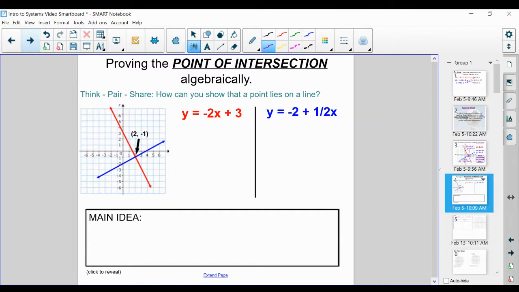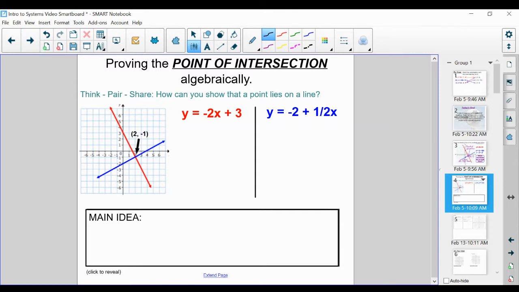So please, let me know how you think we're going to prove that 2, -1 lies on both lines. Let me know. So what we're going to do is we are going to be substituting in 2, -1 to both equations. So we have y equals -2x plus 3.